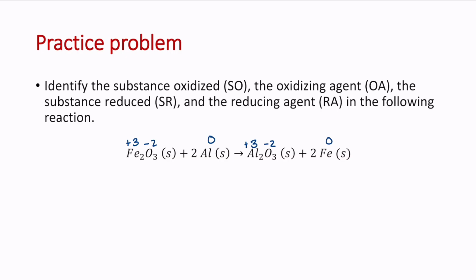So if I want to figure out what is being oxidized, I need to look at what is losing electrons. So iron goes from +3 to 0.